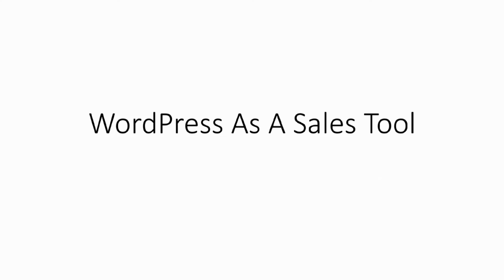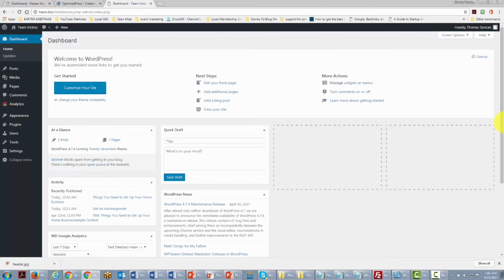Welcome back. Now in this video, we're going to be talking about using WordPress as a sales tool. Whether or not you use it in conjunction with your network marketing business, or you are selling products for your team or selling products for your prospects, you are going to want to be able to create attractive sales pages and do them from your WordPress website.